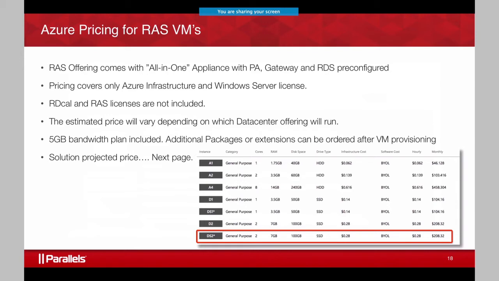The estimated price, unfortunately, will vary because each Azure data center might have different pricing and also how much bandwidth you might be adding. So we have made projected prices for running on Azure based upon specific scenarios and use cases.